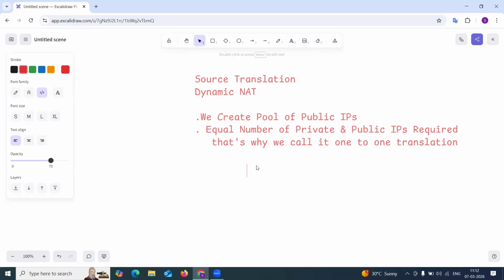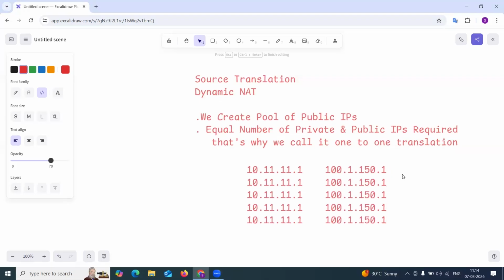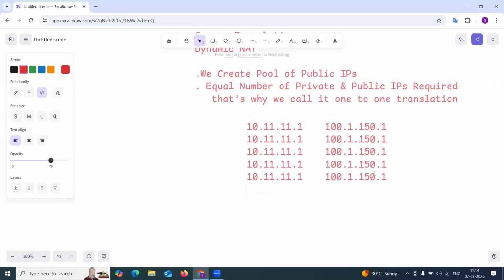Now see, if I have 10.11.11.1 as a private IP, 100.1.150.1 as a public IP. Okay, so this is our 1-to-1 IP. Now see, let's say we have six private IPs and 5 public IPs.